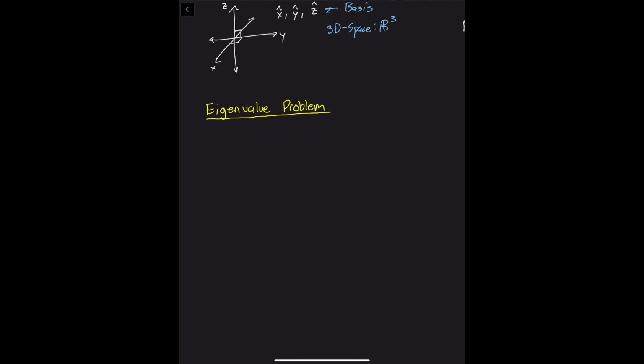It's basically if we have a matrix A, and we treat that matrix as a linear transformation, we multiply it by a vector, then when does that result in the vector just becoming a scalar multiple of itself? So this lambda is a scalar, and a scalar just means not a vector. It's just a number.